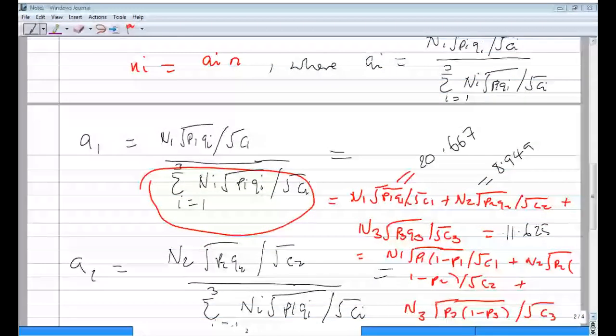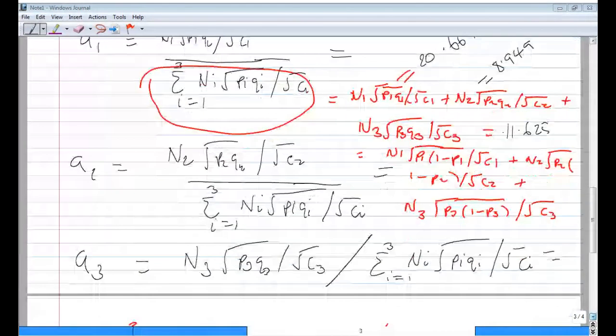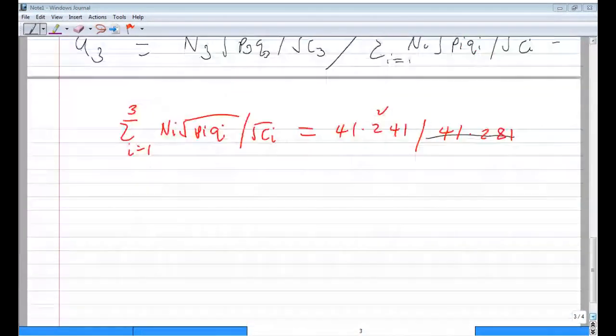So now let's find A1. It's complicated here now. Let me just write it nicely down here.